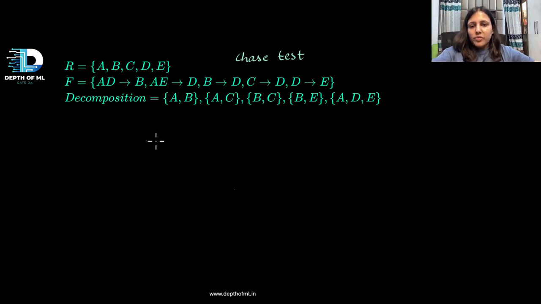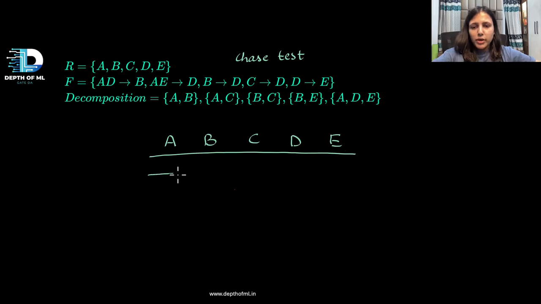Okay, so we'll create the initial chase test table. How many attributes do we have? We have A, B, C, D, and E. And how many tables do we have? We have 5 tables. So we'll create 5 different rows, each corresponding to one of the tables. So we'll have 5 rows.